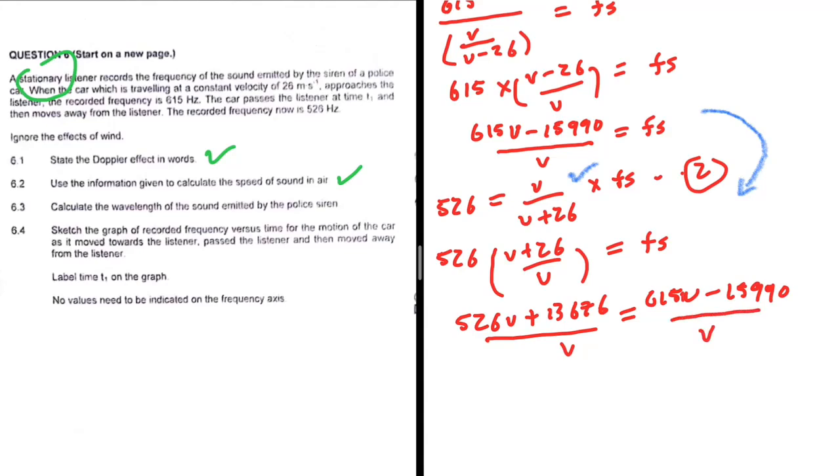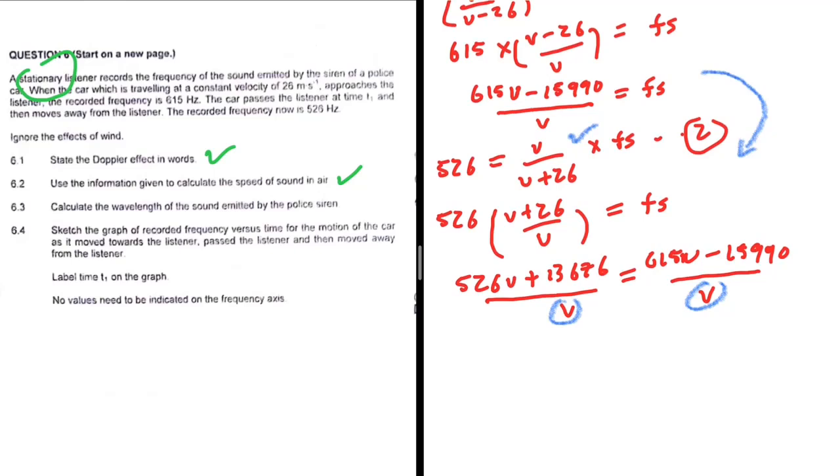Because we're dividing on the left side by V and dividing on the right side by V, we can just drop V, because the numerators must be equal to each other for those two things to be equal. So we're just going to have 526V plus 13,676 equals 615V minus 15,990. I think it's quite simplified now.